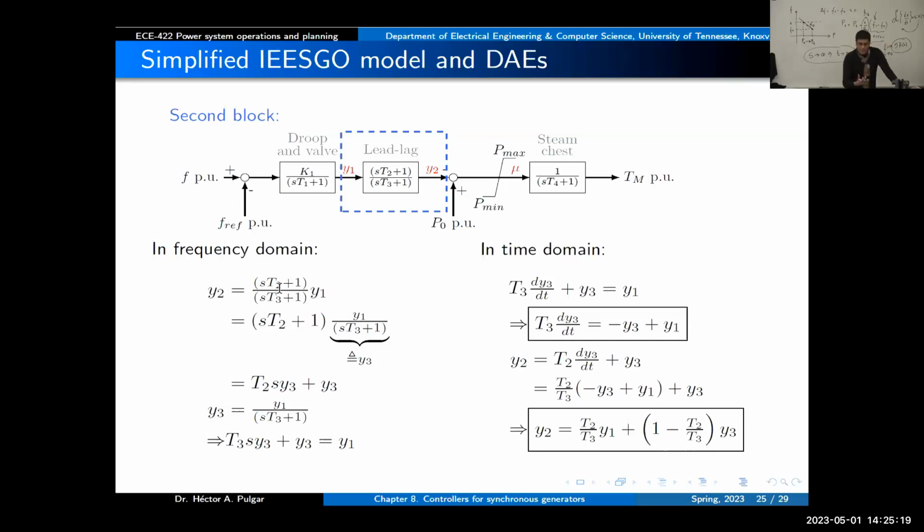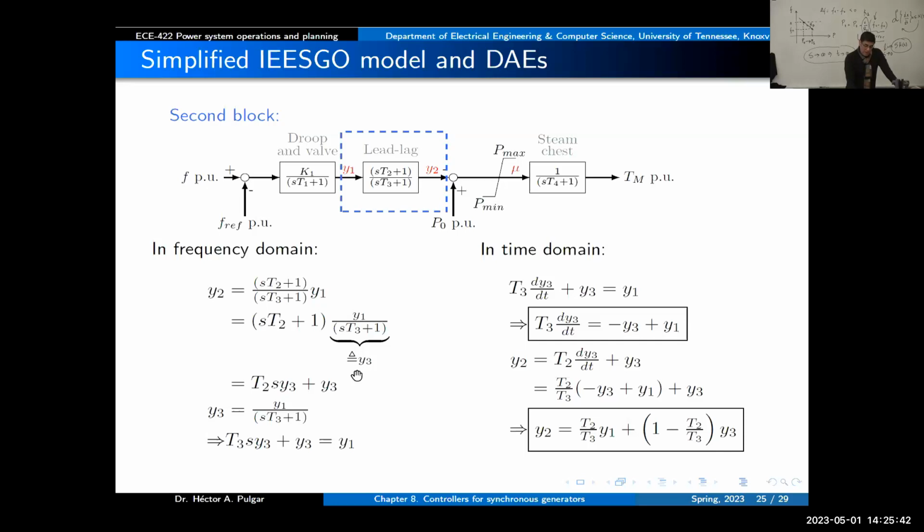And to make it simple, we can make the following trick. We can keep the pole here, but we're going to define Y1 divided by this denominator as a state variable in this model.